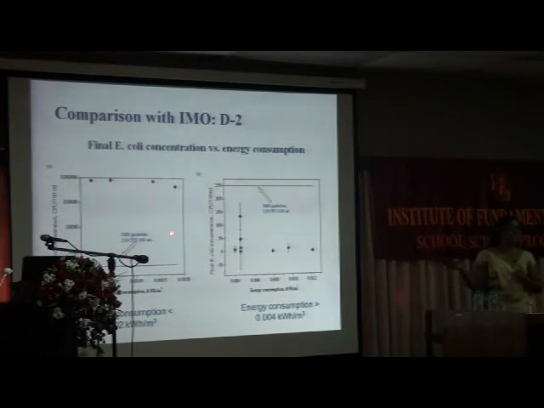Math students, why have I plotted these two in 2 diagrams? This is a log scale and this is a normal scale. If you plot all this data in one diagram without taking logarithms, you can't see these points. Can you see this number 1 in 10 to the power 6?